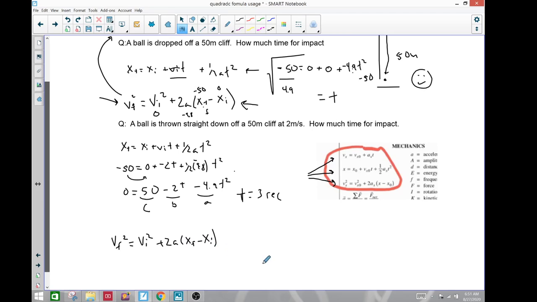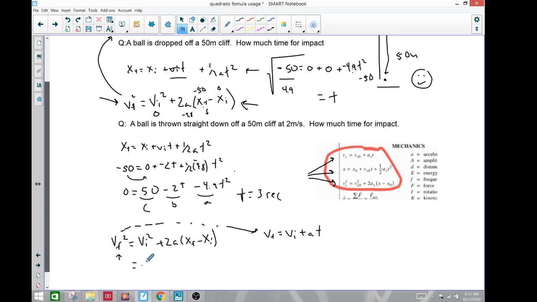I'm going to solve for VF, and then I'm going to simply use the formula VF equals VI plus AT, and plug this guy into here. These are the formulas that are available to you. You could just grab them and use them.